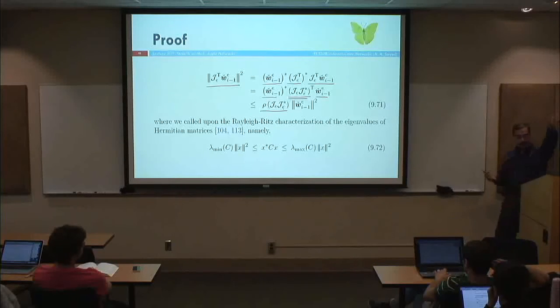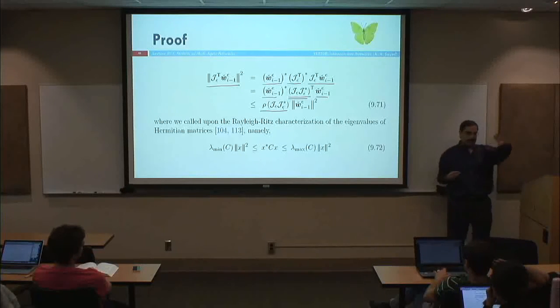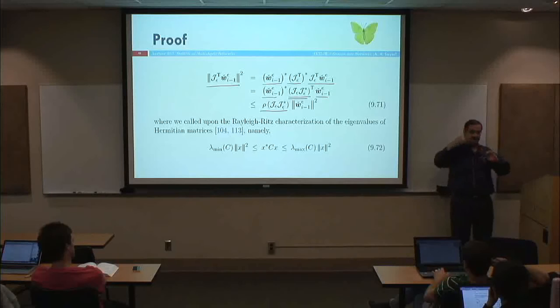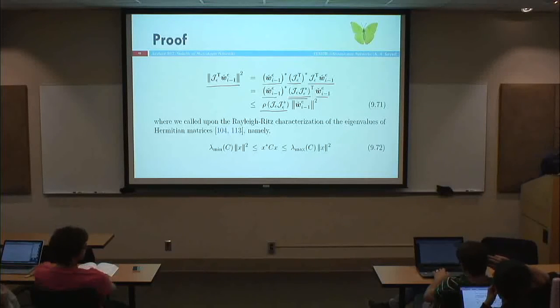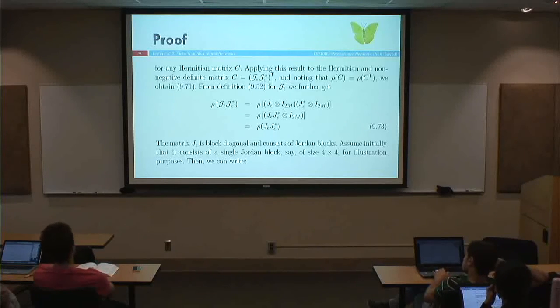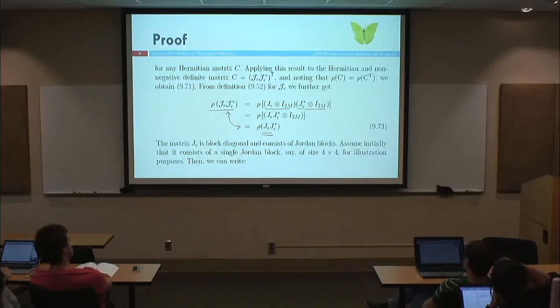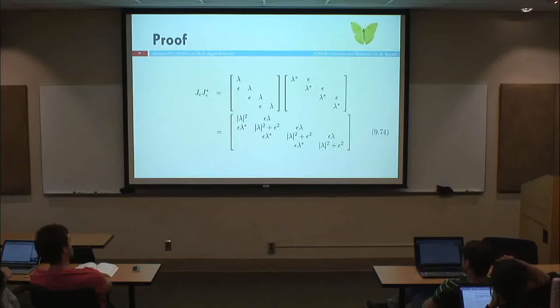It has Jordan blocks, right? So let's take a Jordan block multiplied by the transpose and see what's the spectral radius.